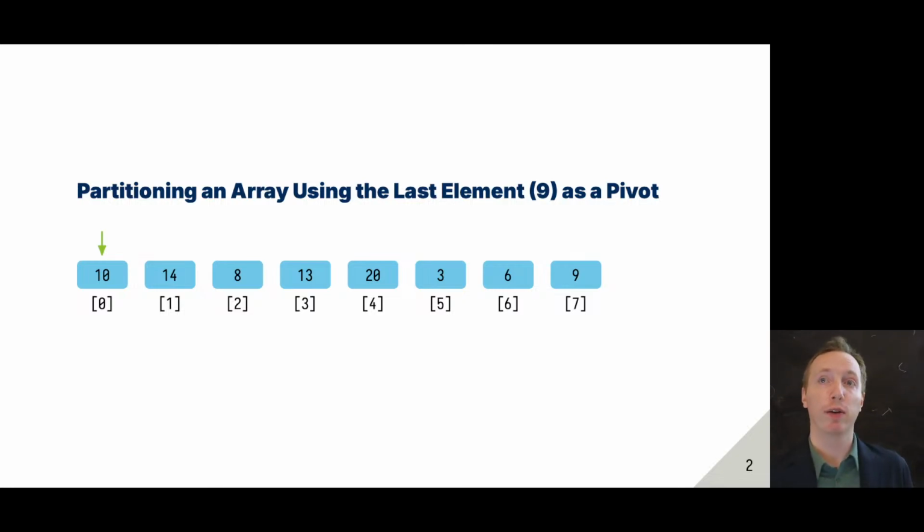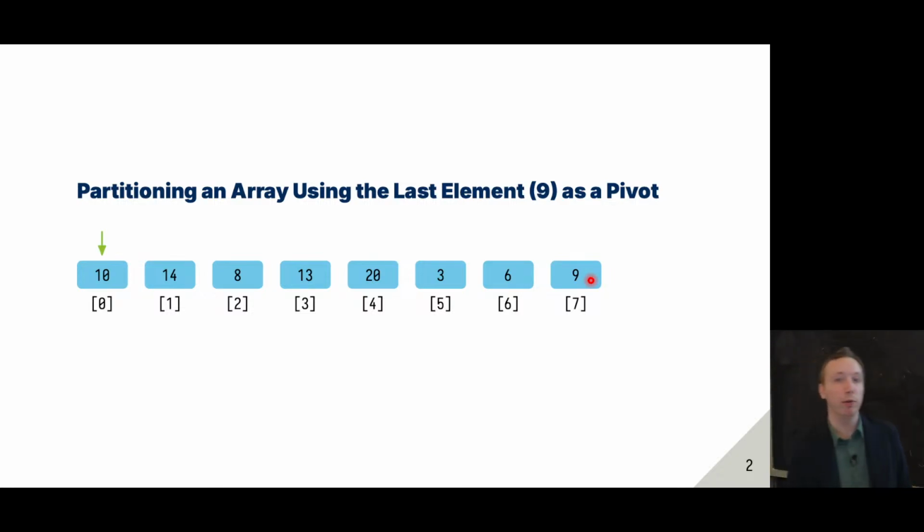So how this algorithm works is it chooses a pivot. So you can choose it as the first element, the last element, the initial pivot as the middle element. Doesn't matter. In terms of making the programming task a little simpler, we will choose the last element as the pivot. So our goal here is we're choosing 9 as a pivot.